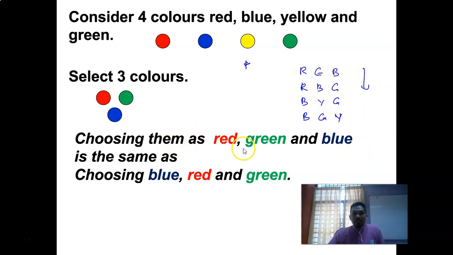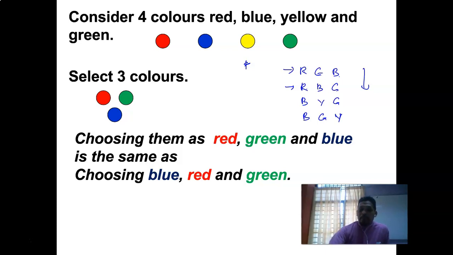Choosing red, green, and blue is the same as choosing blue, red, green. Look at this one here now. I choose red, green, and blue, and red, blue, green. Does it make any difference between these two? No. For these 2 examples, we still have in our hand 3 colors of a ball, which is red, green, and blue.